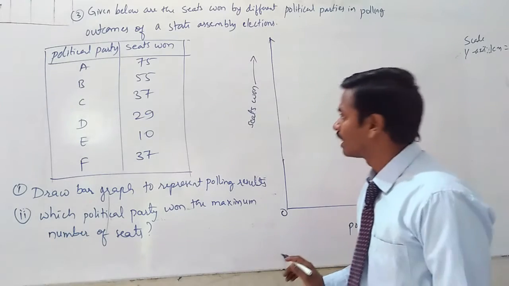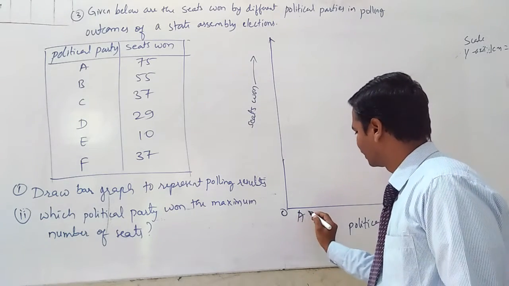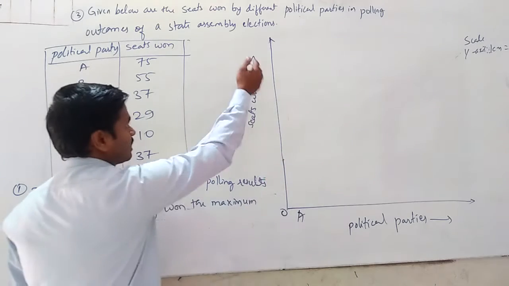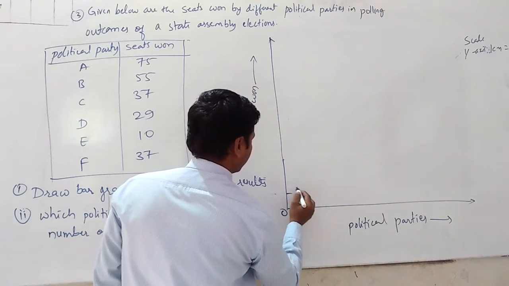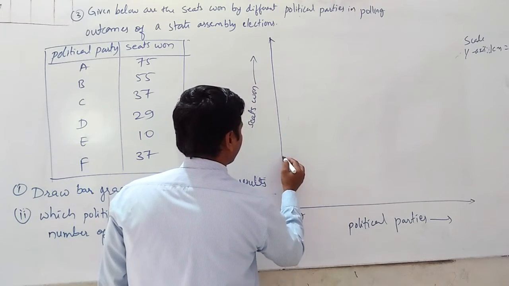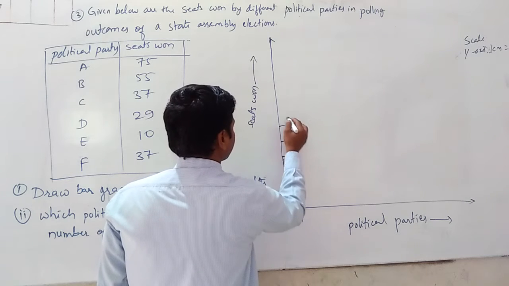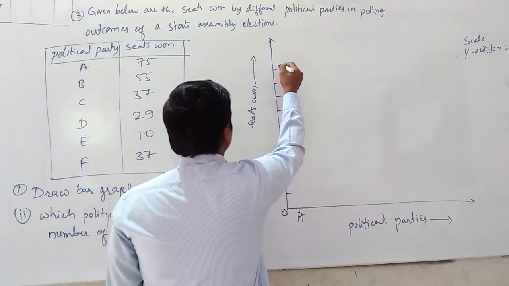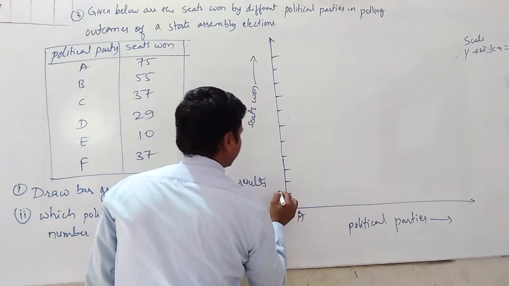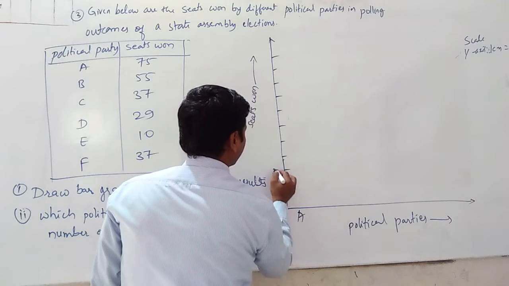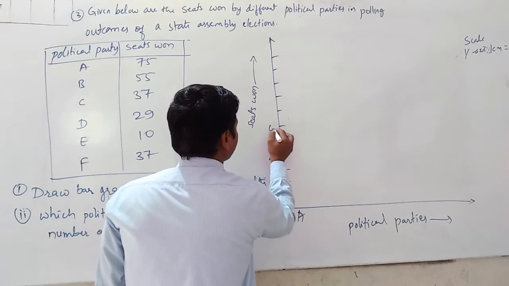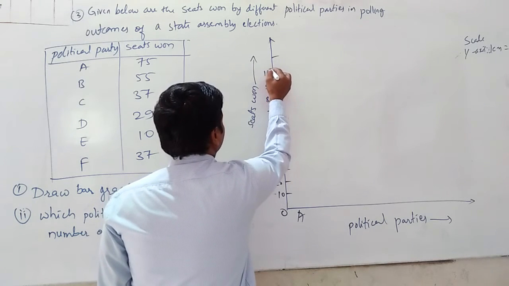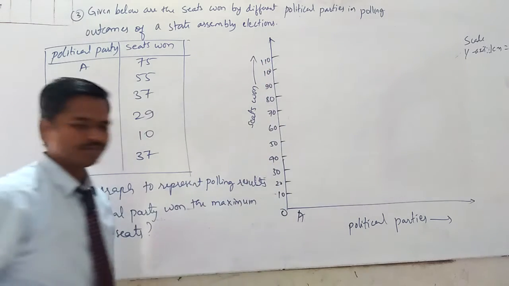Now, the first one is party A. First write the y-axis scale: 10, 20, 30, 40, 50, 60, 70, 80, 90, 100, 110.